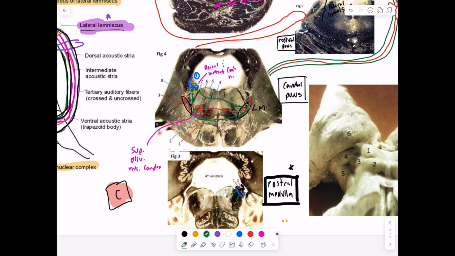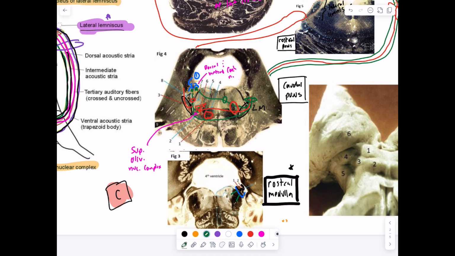We have the dorsal striae, and then this is lateral lemniscus, and then you see we have the ventral striae here, and that's going to this region right here, and this region is the superior olivary complex, right? It's right here on that side. And then here you have trapezoidal bodies.